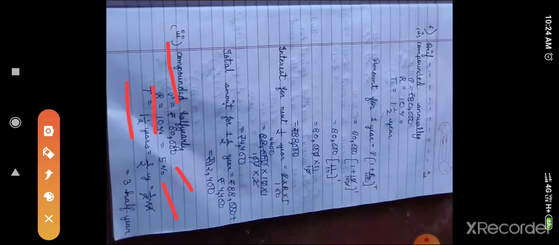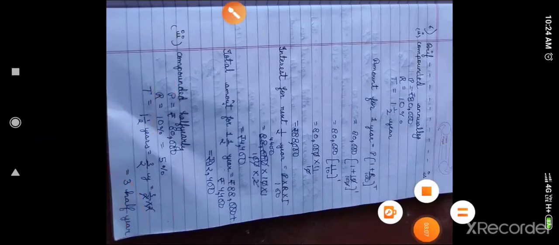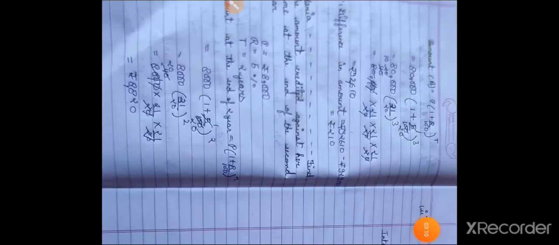It means 1.5 years multiplied by 2 and it becomes 3 half years. Now put all the values in the formula and we have rupees 92,610. It is the amount paid by him when the interest is compounded half yearly.